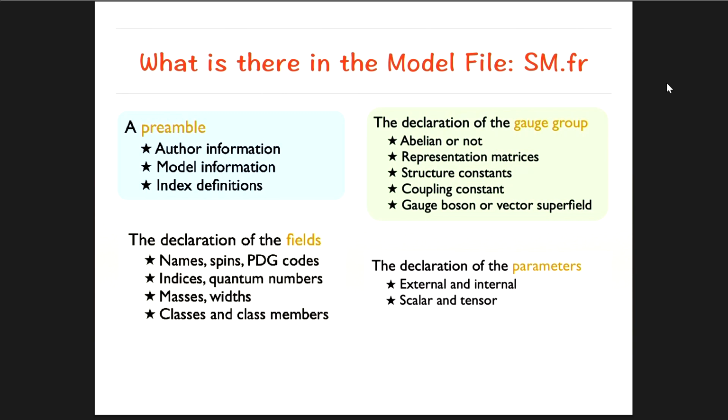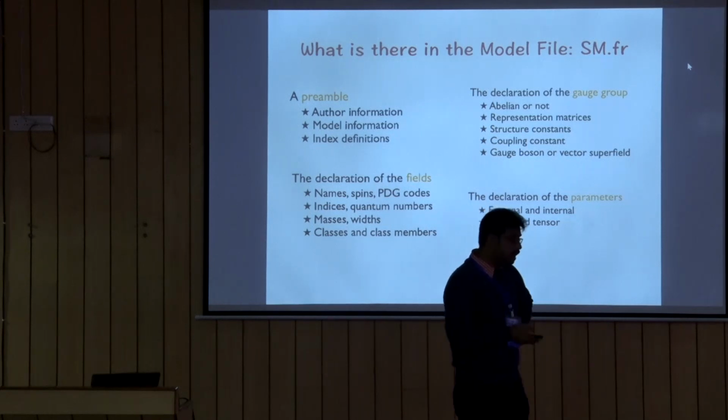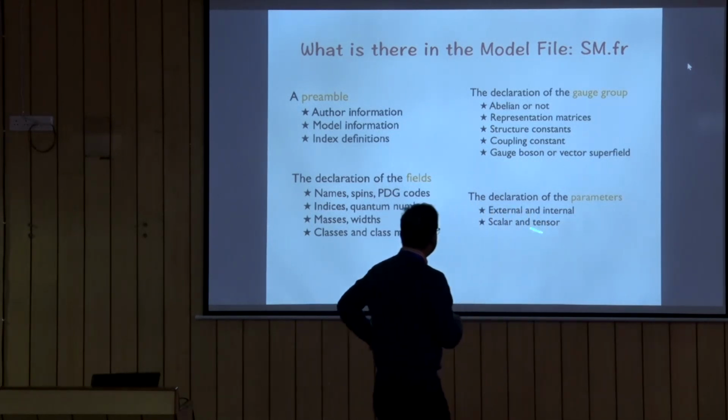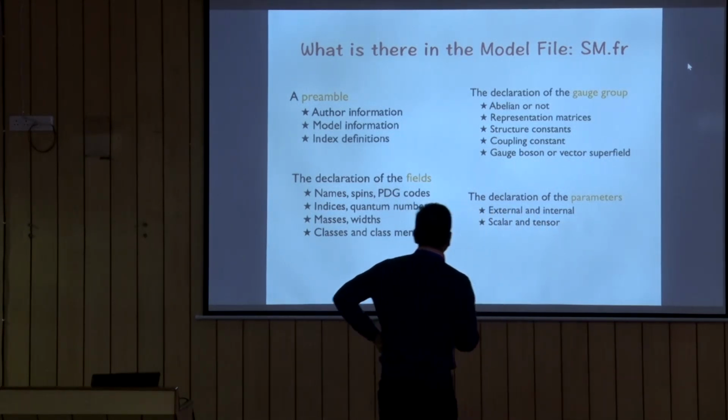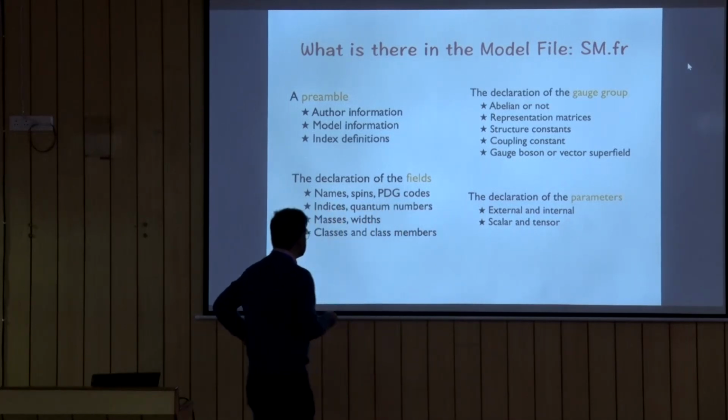And then you also have to declare the gauge group, like whether it's abelian or not, representation matrices, the structure constants, the coupling constants, gauge boson or vector superfields, etc. And then of course the parameters that go into the Lagrangian. You can devise it in two ways: you have the external ones that are the independent inputs that you want to give, and the internal ones will be the ones that depend on those external ones.